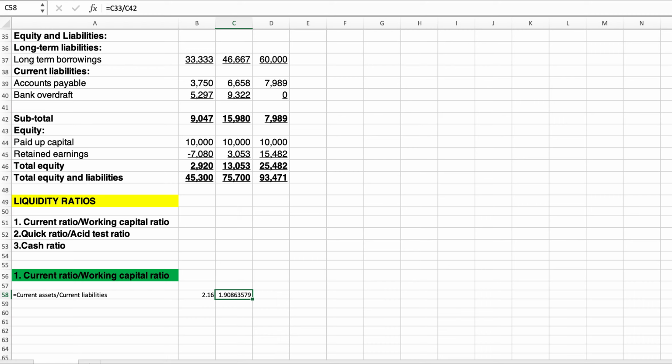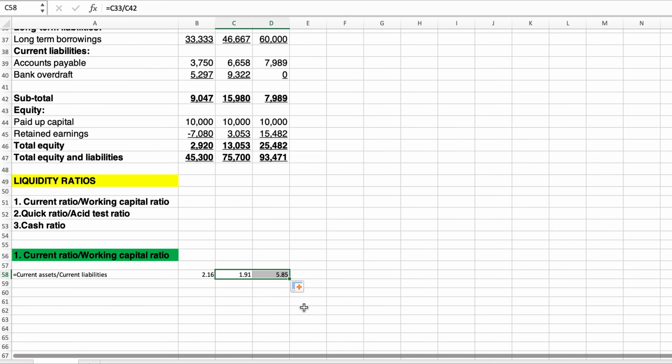That's how easy it is to calculate liquidity ratios. Then we'll be able to calculate the current ratio for the subsequent year, which is 2022.